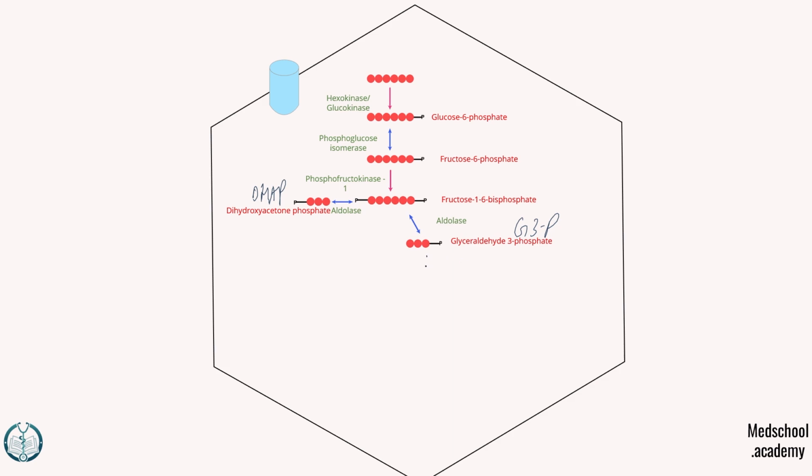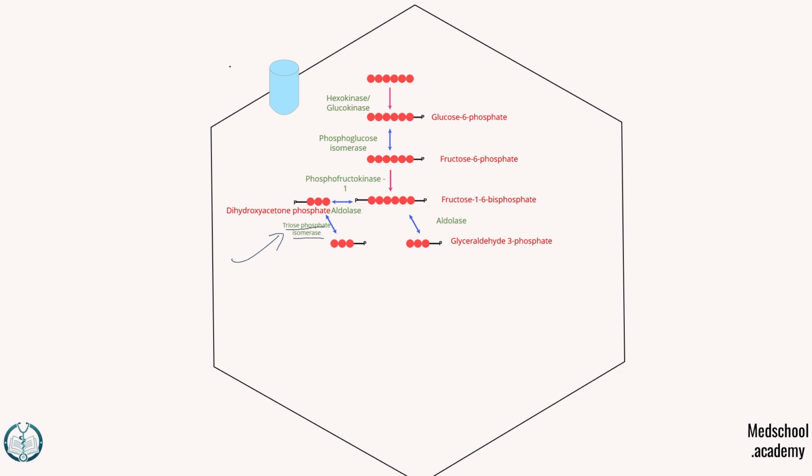G3P can easily continue on in glycolysis, but DHAP cannot. So in order for DHAP to continue in glycolysis, it has to be converted to G3P, and the enzyme that does that is triose phosphate isomerase.